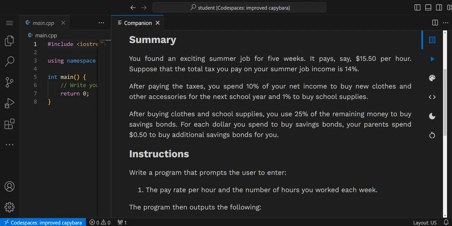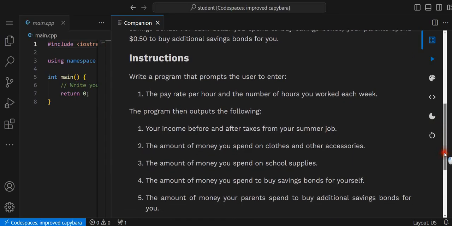After paying the taxes, you spend 10% of your net income to buy new clothes and other accessories for the next school year and 1% to buy school supplies. After buying clothes and school supplies, you use 25% of the remaining money to buy savings bonds. For each dollar you spend to buy savings bonds, your parents spend 50 cents to buy additional savings bonds for you.